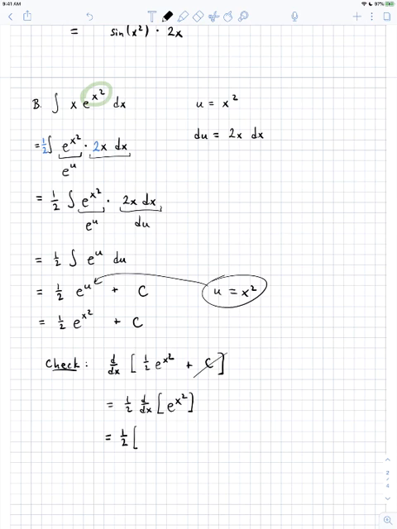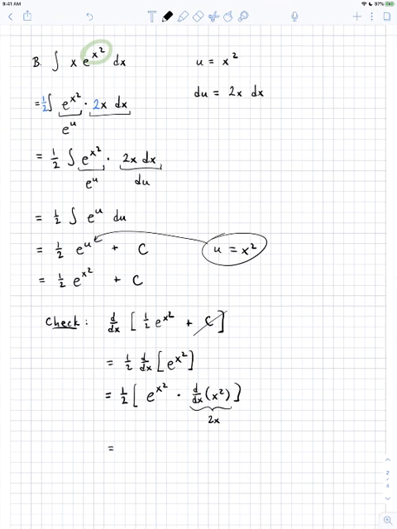So let's compute that. The derivative of e to the something is e to that same thing. Then you have to multiply by the derivative of whatever that thing inside was. Now the derivative of x squared, of course, is 2x. So what do we end up with? We end up with 1/2 e to the x squared times 2x, and the 2 and the 1/2 cancel.